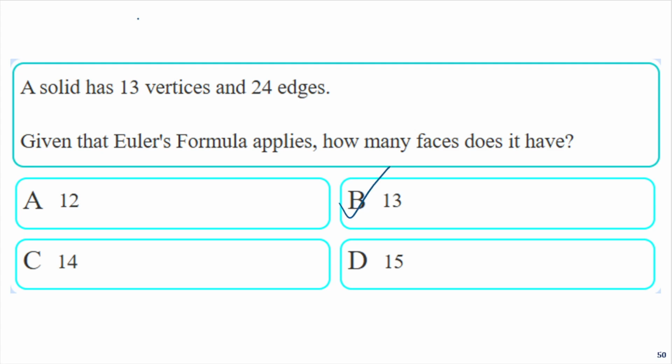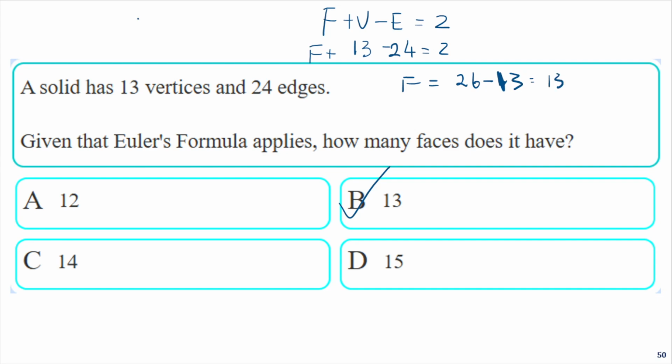Because Euler's formula tells us that F plus V minus E equals 2. So here we have 13 vertices, 24 edges. Of course, we have F equals 26 minus 13, which is 13, right?